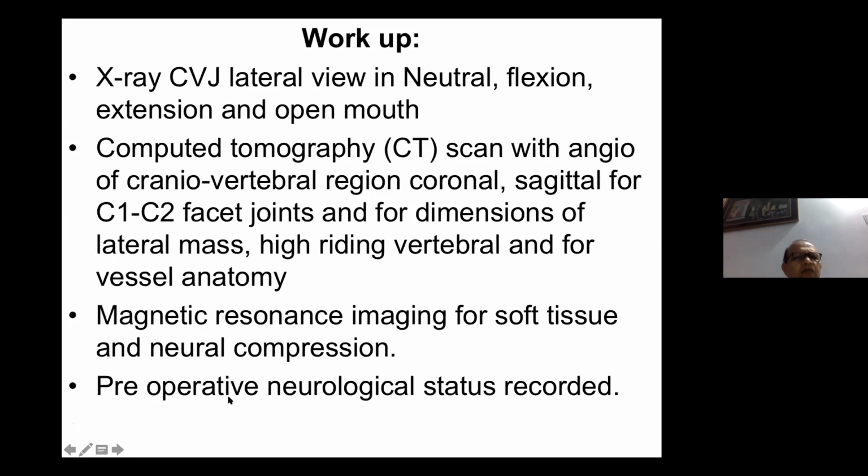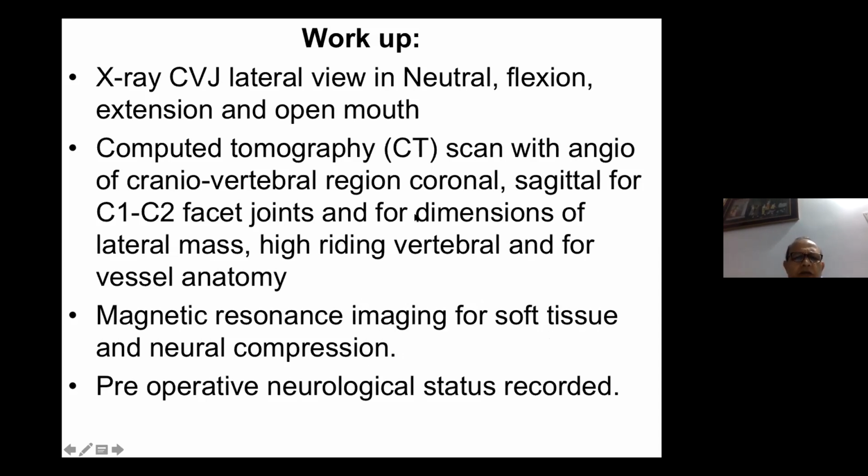The workup is the same: X-ray, CT scan, and you should know in coronal and sagittal cuts about the facet joint, and the vascular anatomy should be well known. The MRI is the investigation of choice because it tells you about the soft tissue better. For bony anatomy, you go for CT scan, and with CT you can get an angio also.